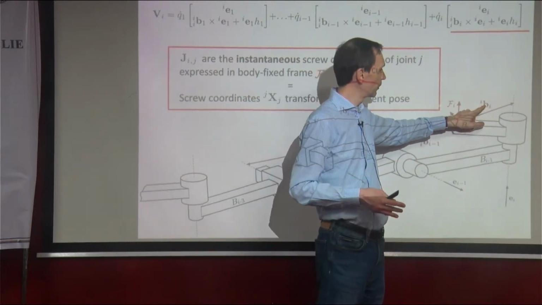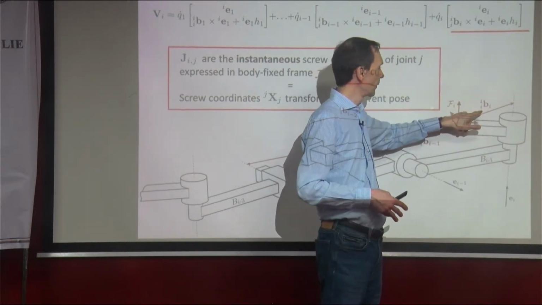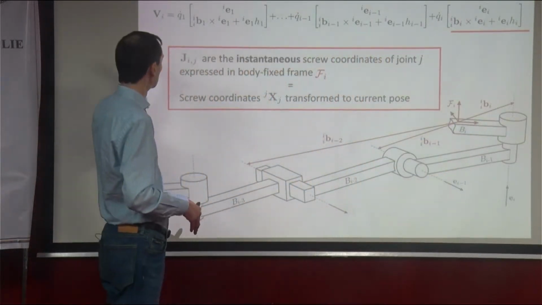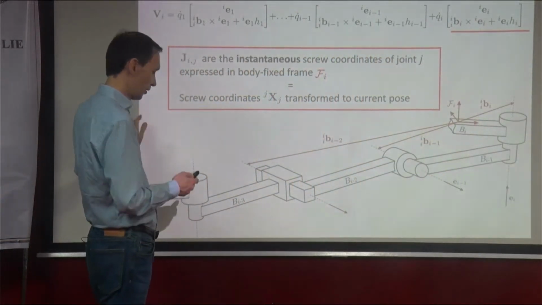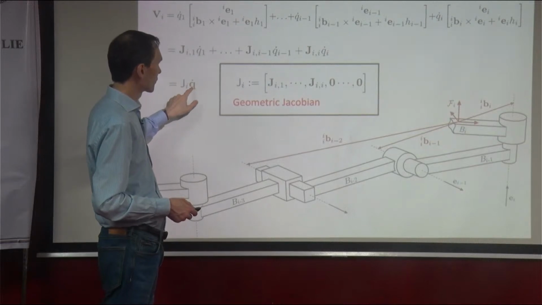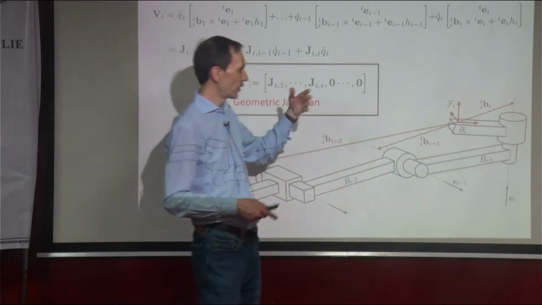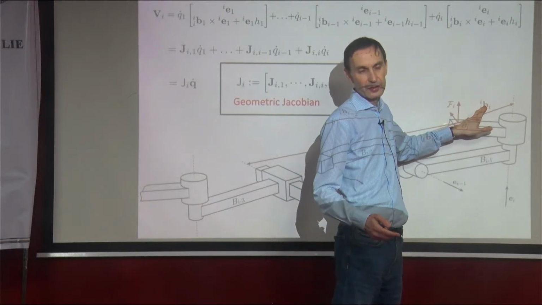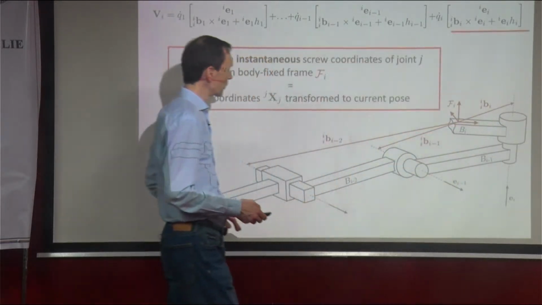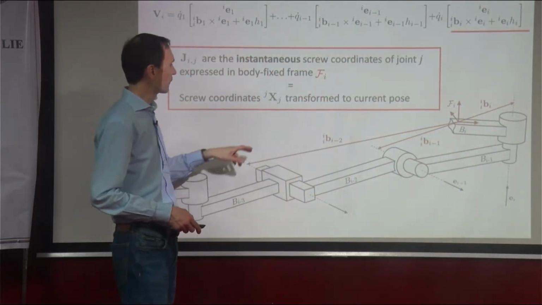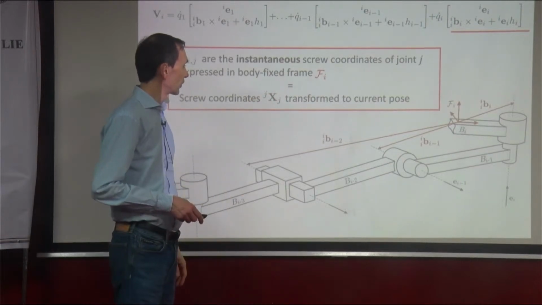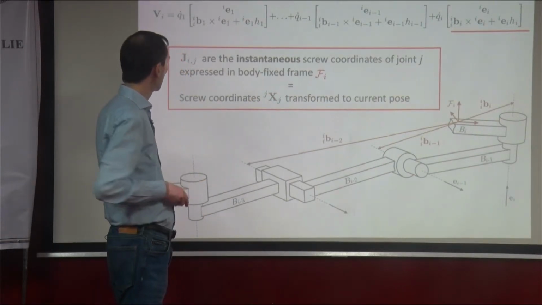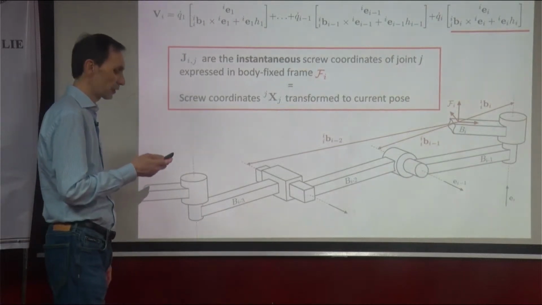What's the difference between B and X? For Q equals 0, so if all the joint angles are 0, then B becomes X. In other words, we should be able to transform these originally computed X in the reference configuration into our J's, our joint Jacobian columns.